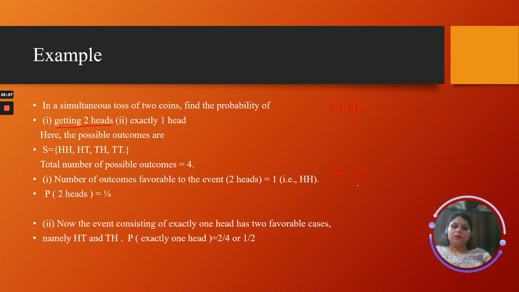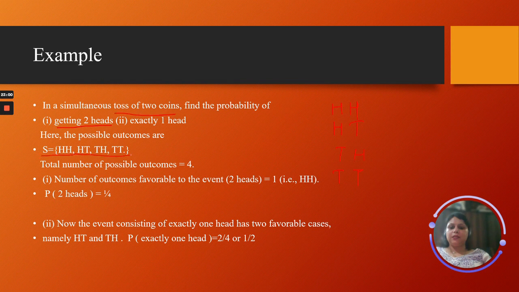Now what is our event? Getting two heads. If you look in the sample space, the favorable outcome is only HH. So the probability becomes 1 over 4. That's how you calculate the probability. Next is the probability of getting exactly one head. Again, you look in the sample space. Where do we have exactly one head?